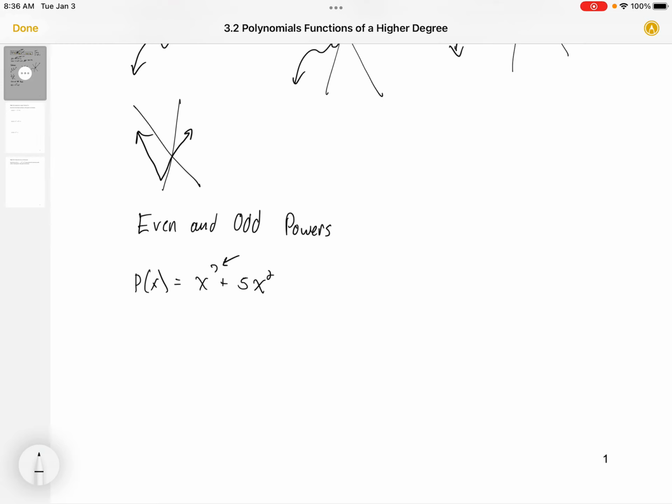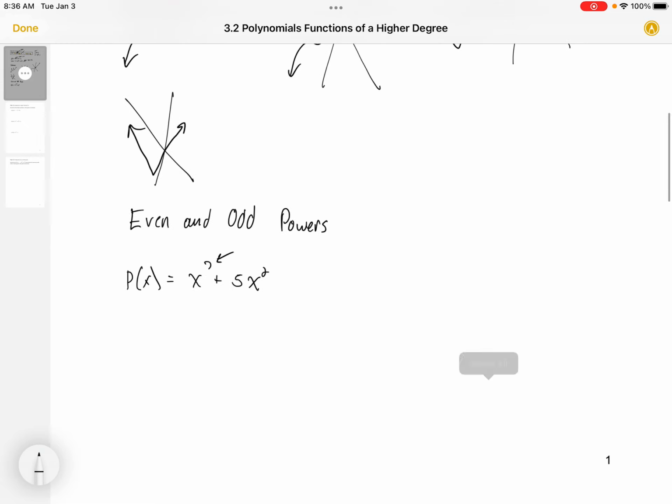So odd powers, this would be an odd degree. This polynomial is going to go like this. It's going to start down, bottom left of the graph. It's going to do some stuff in here, and then it's going to end up going up in the end.